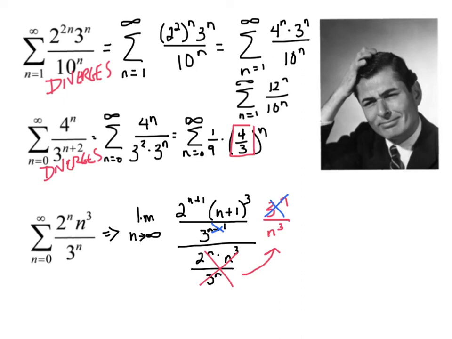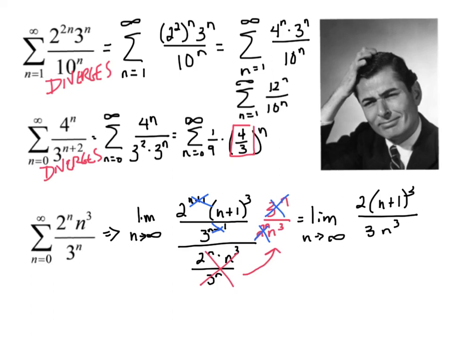Oh, I forgot my 2 to the n here. 2 to the n plus 1 divided by 2 to the n is just 2 in the numerator. So right here, what I've got left, I've got an n plus 1 cubed and a 2. And in the denominator, I have a 3 and an n cubed.